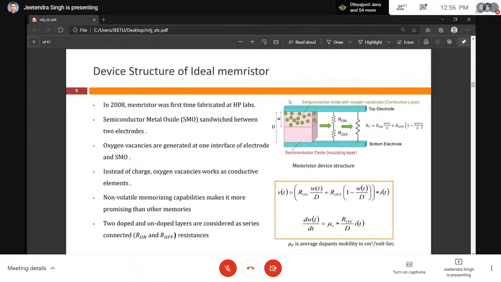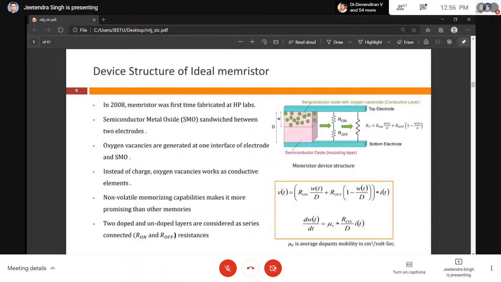So this is the basic structure of the ideal memristor, which was fabricated in 2008 in the HP labs. They basically sandwiched a TiO2 layer between two metal electrodes.